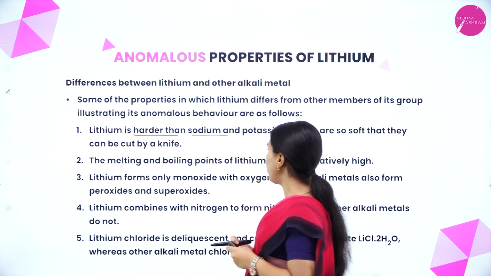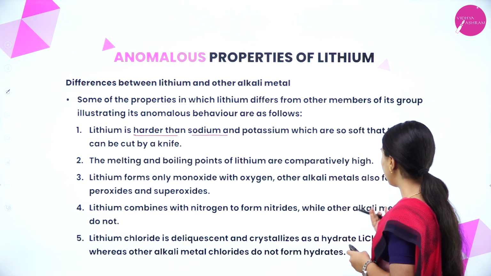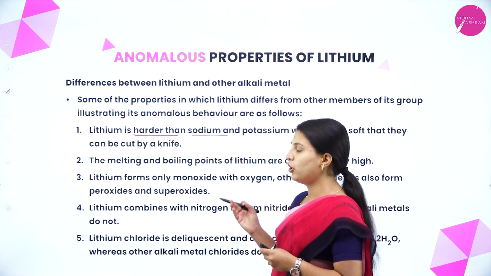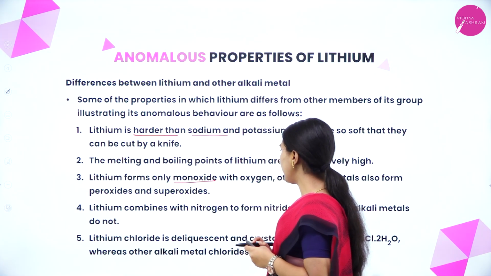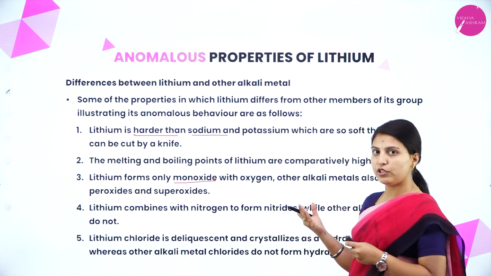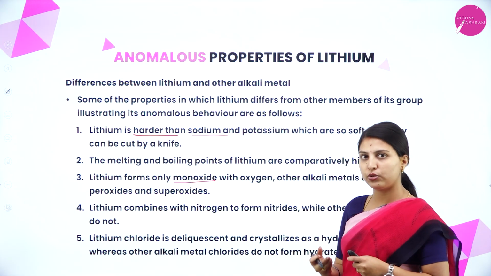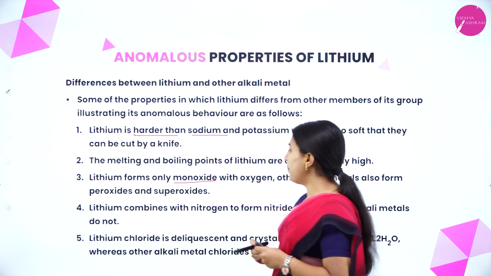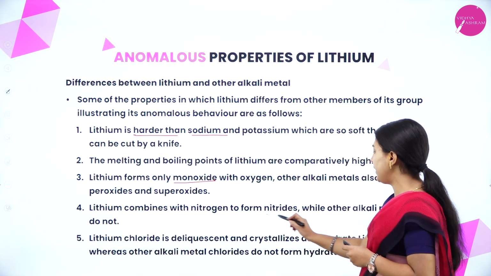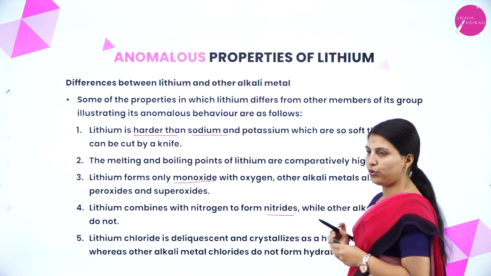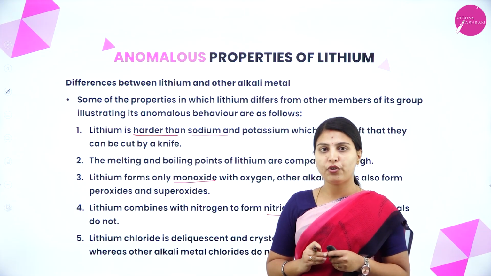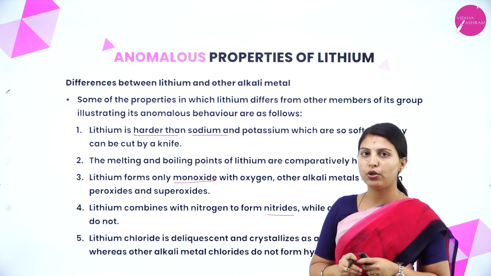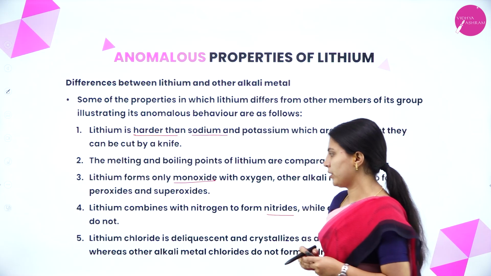Lithium forms only monoxide with oxygen, while other alkali metals also form peroxides and superoxides. Lithium combines with nitrogen to form nitride, while other alkali metals do not. One speciality here, lithium combines with nitrogen to form nitride, but other alkali metals will not combine with nitrogen.